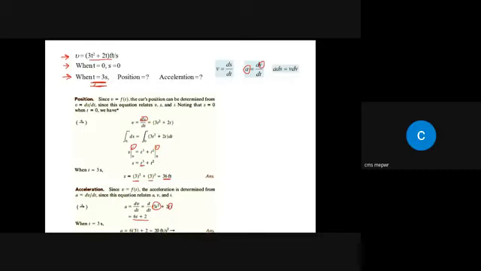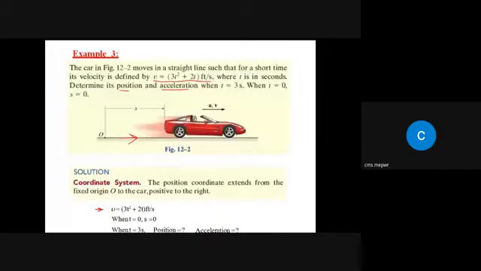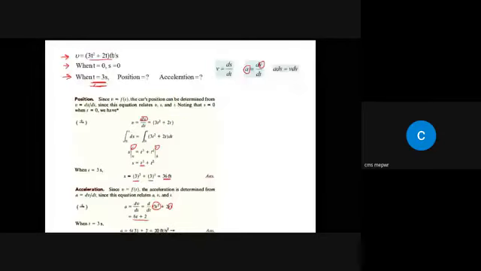So what things were required? Determine its position and acceleration when t is equal to 3 seconds. Okay, so over here it's showing the acceleration, or change in velocity, that was basically 20 feet per second square. Since it's positive, we have a positive sign, so this means the velocity is basically increasing.